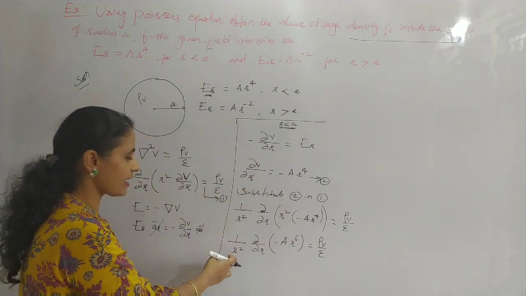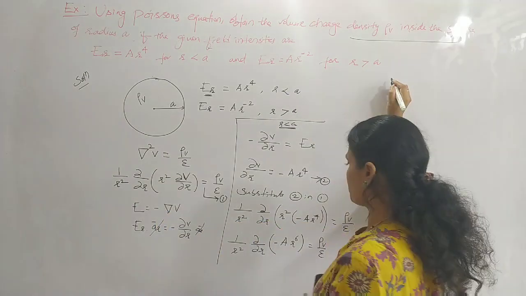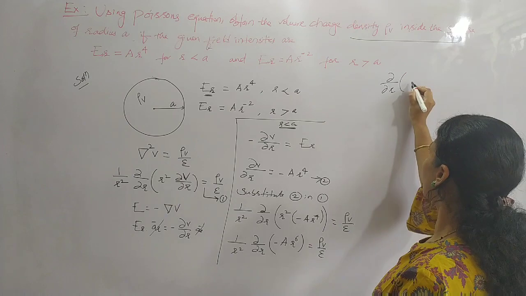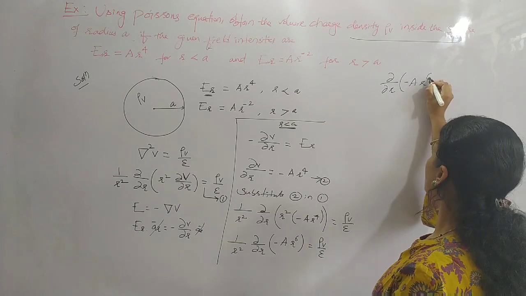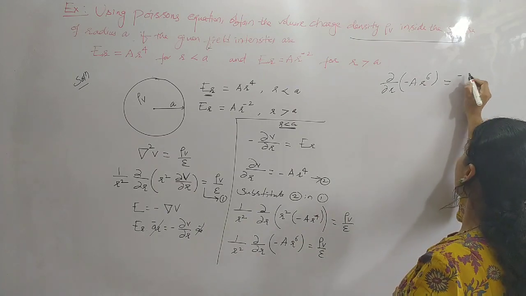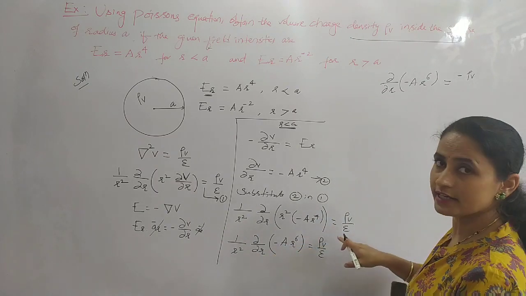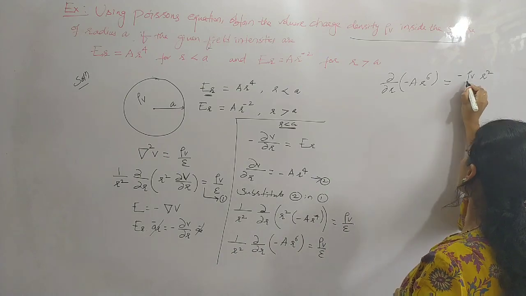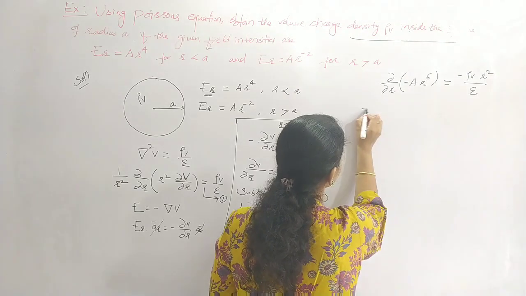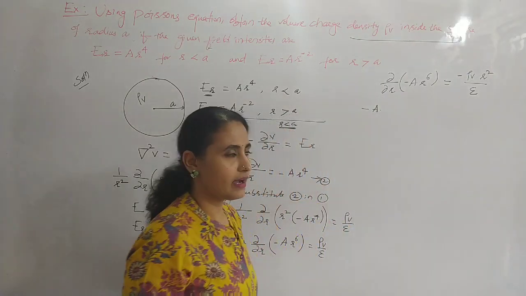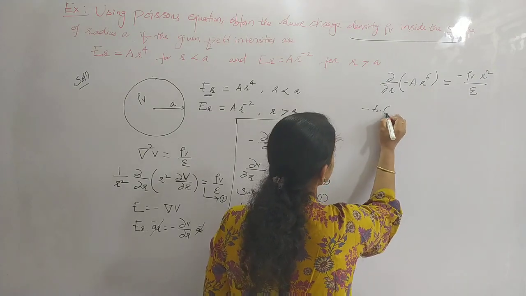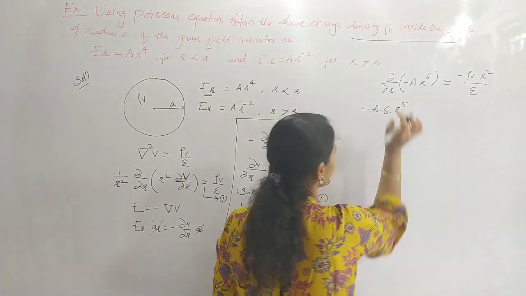I will take the minus along with the r square to that side, so we can write dou by dou r of minus A r to the power 6 as minus rho V r square by epsilon, where A is taken as a constant. The differentiation of r to the power 6 is 6 r to the power 5 with respect to r.